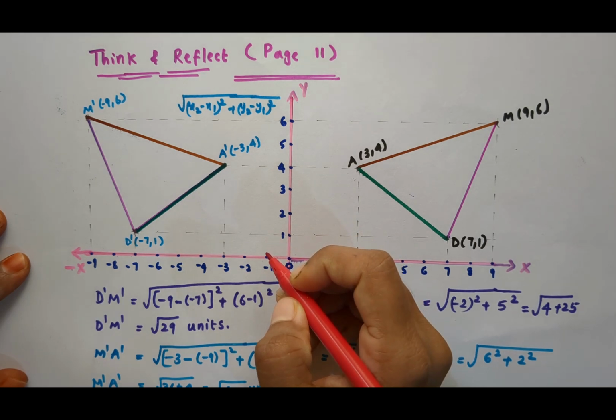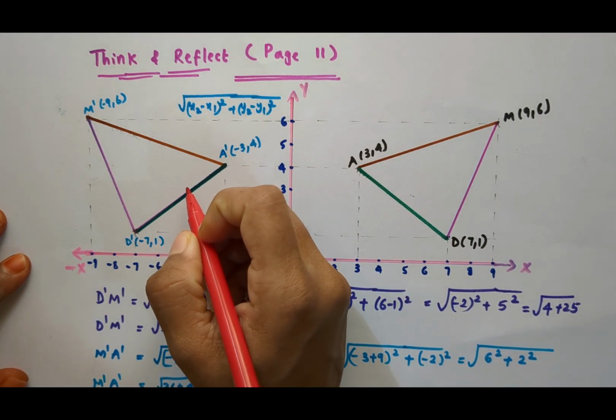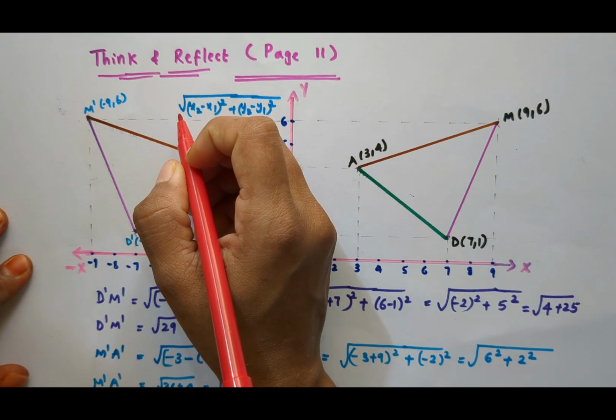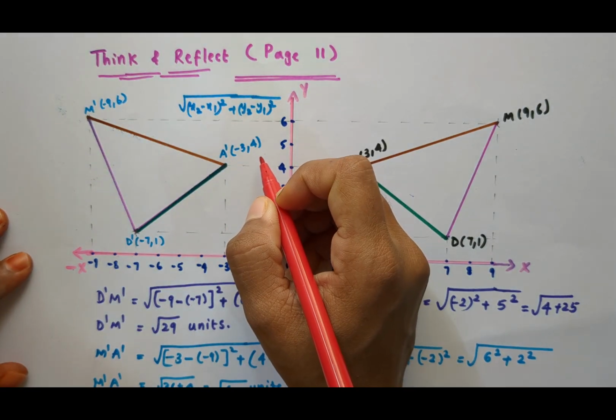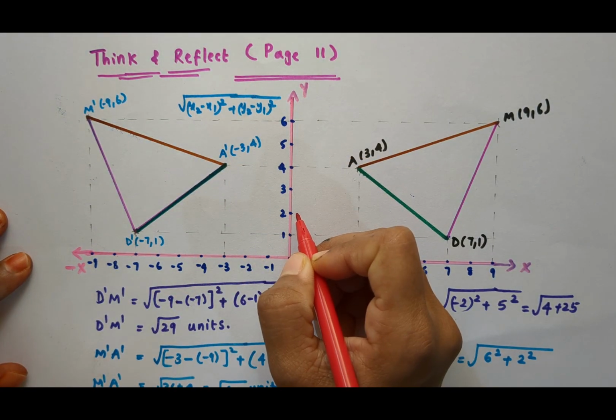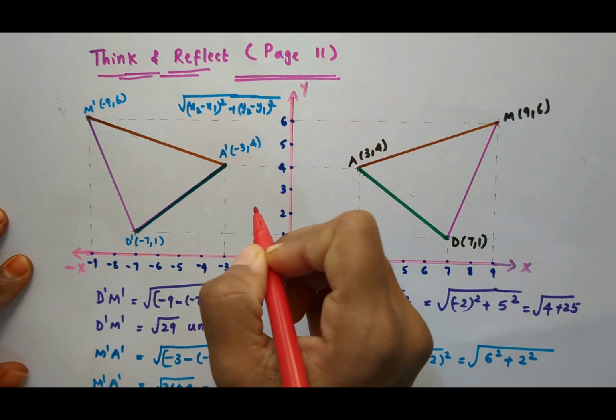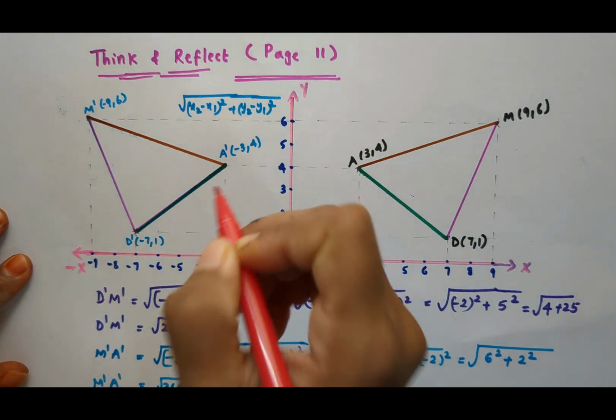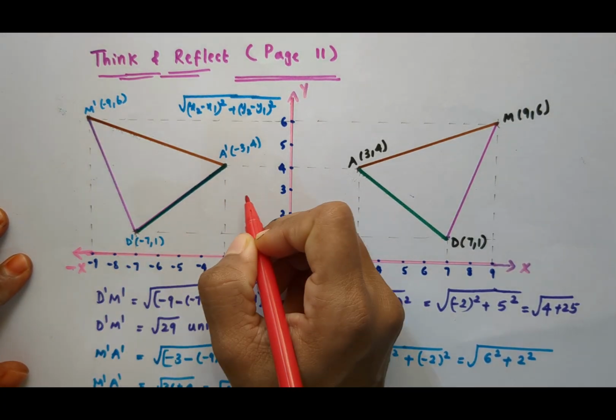Now in your textbook page number 11, there is one in-text question which is given as think and reflect. This figure is actually given there. According to the figure, we want to answer the questions.